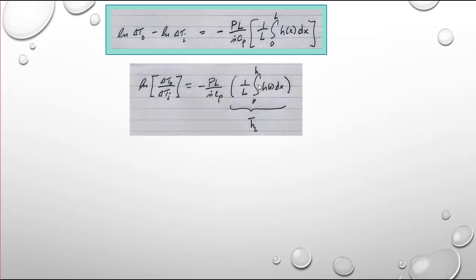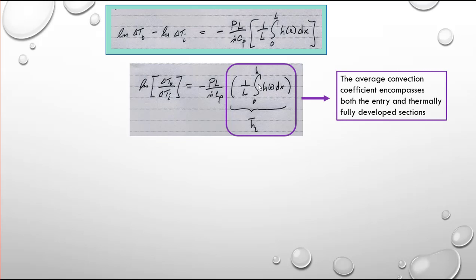We can then simplify this expression by combining the logarithmic terms on the left-hand side and by noting that the bracketed term on the right-hand side is by definition the average heat transfer coefficient for the length of the tube. And we note that the average convection coefficient encompasses both the entry and thermally fully developed sections.